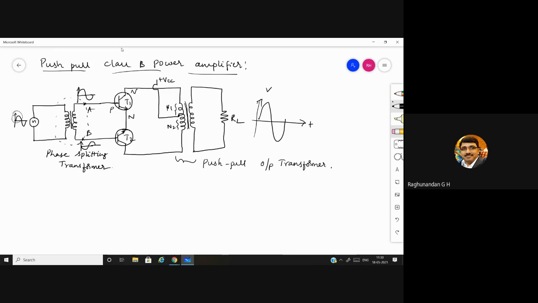Since transistor T1 is turning on, the positive half cycle will be delivered because of transistor T1. And for the entire positive half cycle, transistor T2 will be in off state.